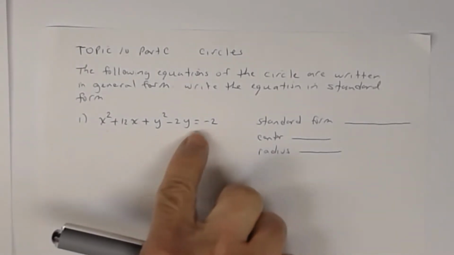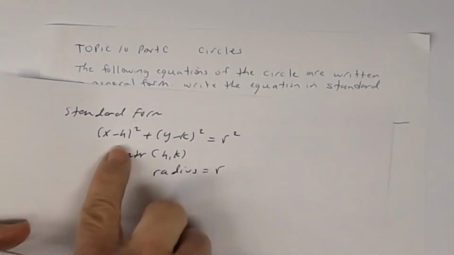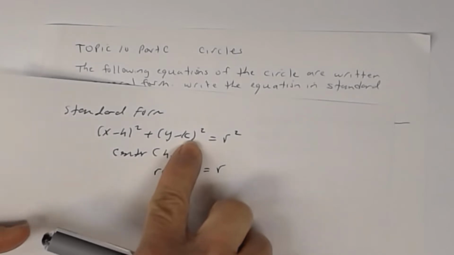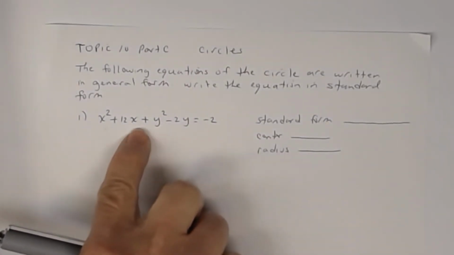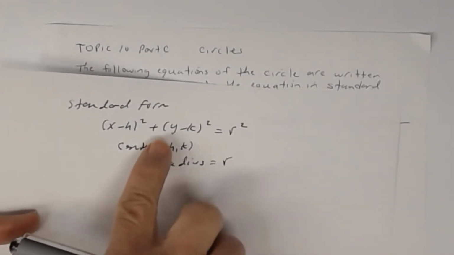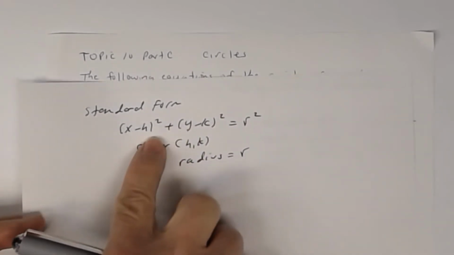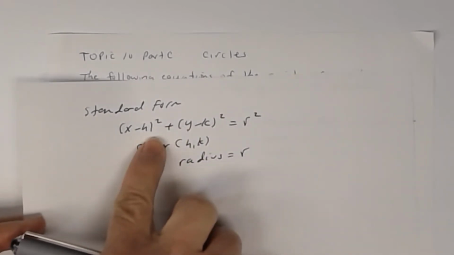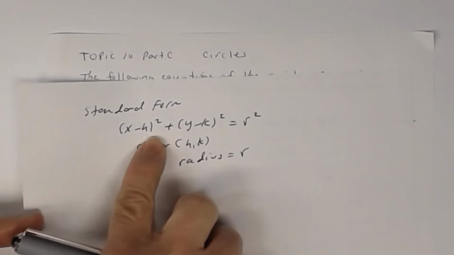All right, so what they want you to do is to get this to look like this. To get this to look like this, you have to complete the square. That's one of the reasons why we talked about completing the square about a week and a half ago.